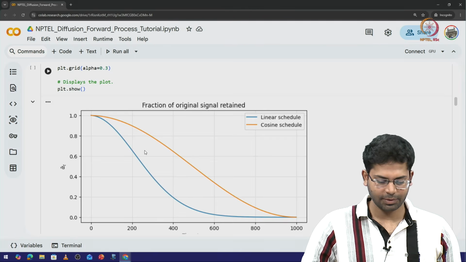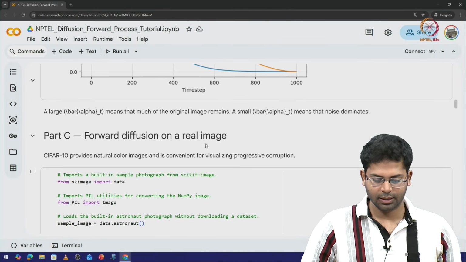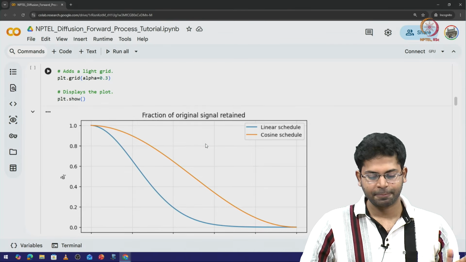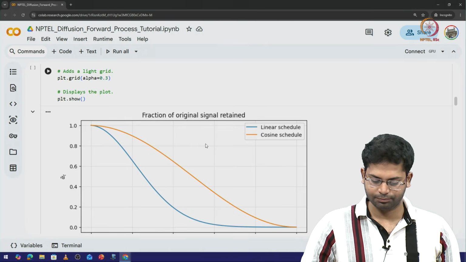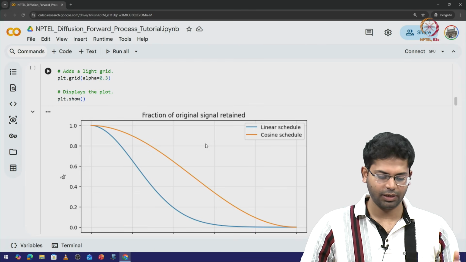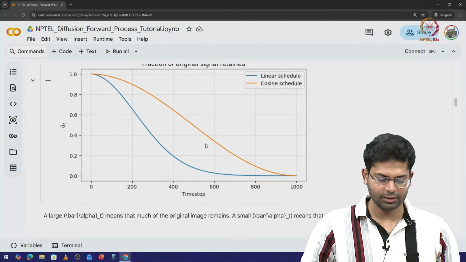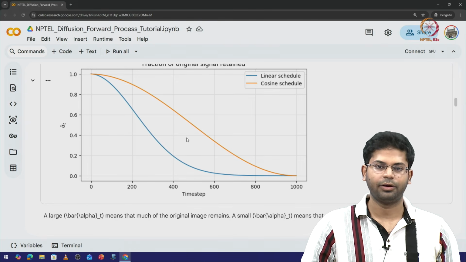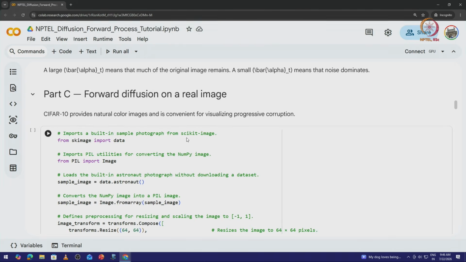That is why cosine is preferred. Although linear takes uniform steps across the time stamps, it has an initially slowly degrading signal and then it suddenly degrades, whereas cosine has a more uniform rate of decline.